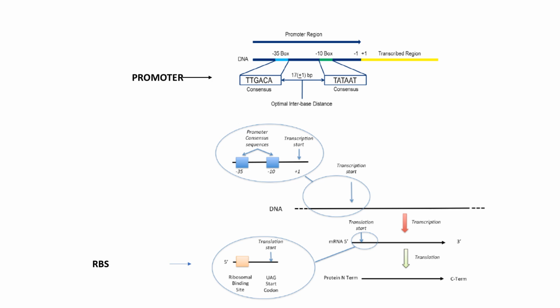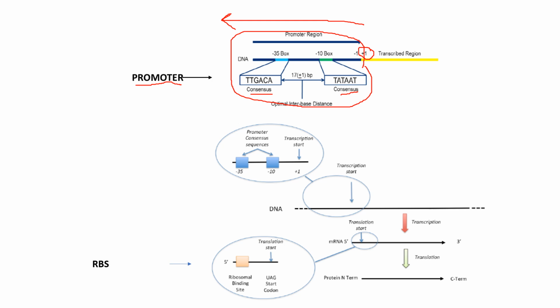To understand how genes are expressed in E. coli, one needs to understand what a promoter is. The promoter is the region of DNA upstream of any gene. Plus 1 represents the first nucleotide of any ORF, and the minus sign represents sequences upstream of the first nucleotide of the ORF. The promoter is made up of two consensus sequences.